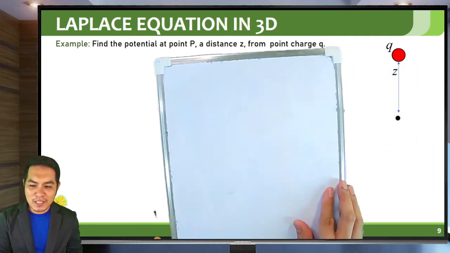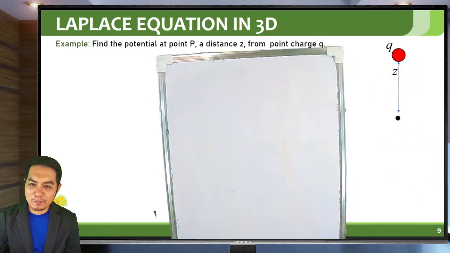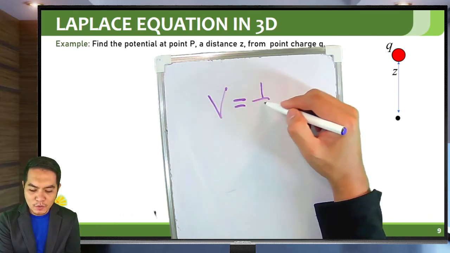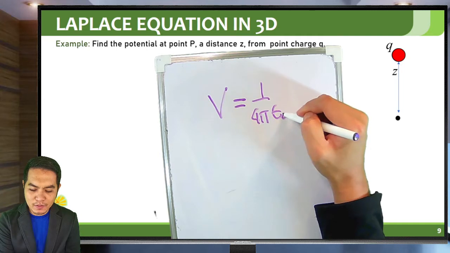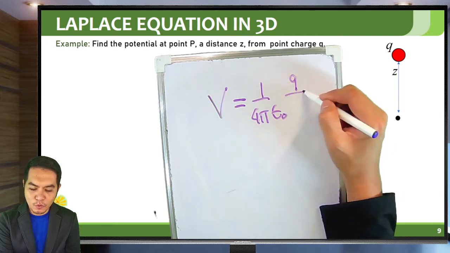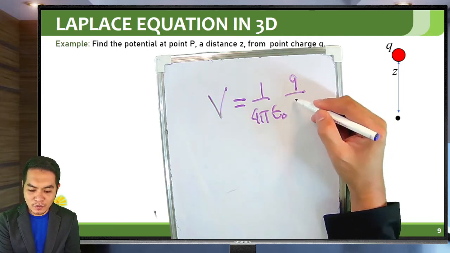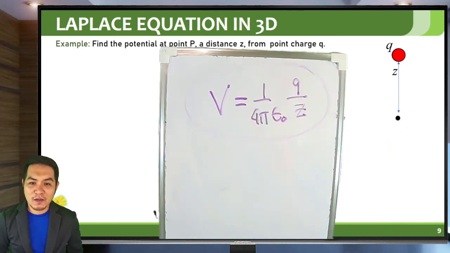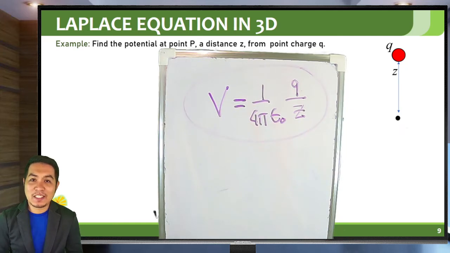The potential at this point will just be, since the potential of a point charge is 1 over 4 pi epsilon naught, then q over the separation distance, curly r. In this case, curly r is just equal to z. So this is actually the answer for this problem. It's as easy as that.